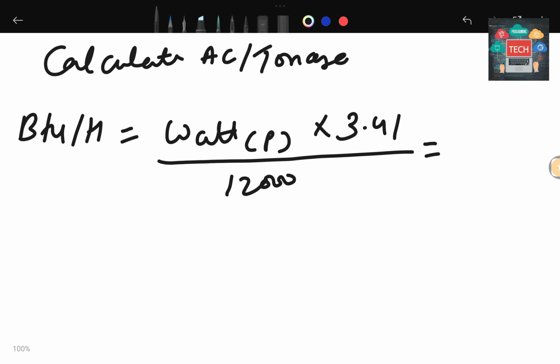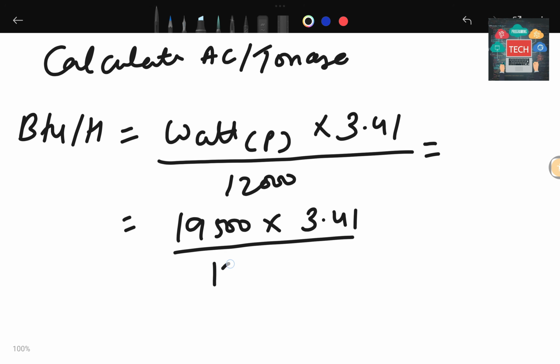Now I will put in the value, which was 19,500 into 3.41 divided by 12,000. This is our calculation of how much AC we need.